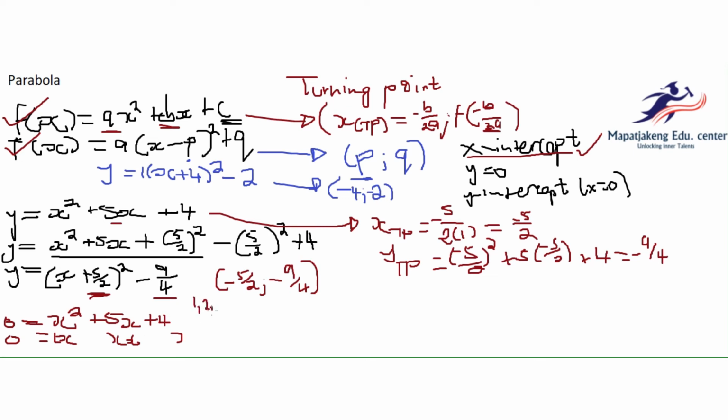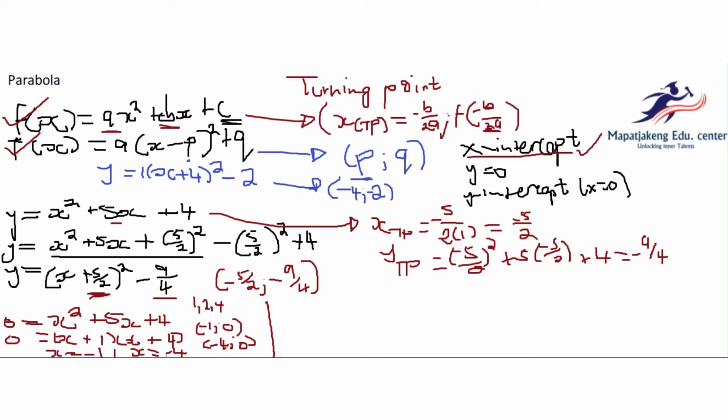Factors of 4 are 1, 2, and 4, which will give 4 times 1 is 4, 1 plus 4 is 5. Then you use 4 and 1, plus and plus. Therefore, we end up having x is equal to -1, or x is equal to -4. Then we have the coordinates of the x-intercepts: -1 and 0, because they told us here y is always 0, and as well -4 and 0.